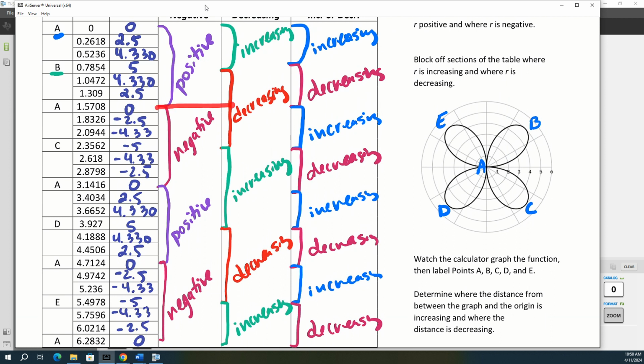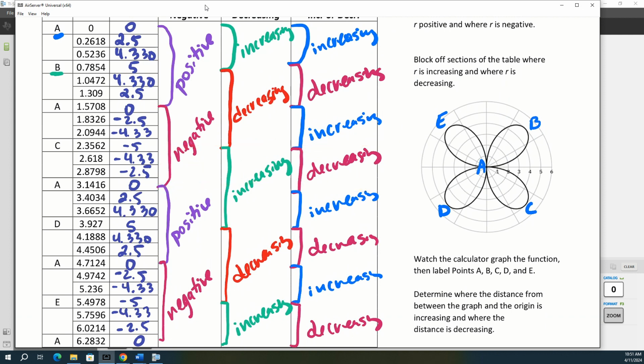My next section of increasing, the R is negative and decreasing. No coincidence. That happens again over and over and over. This first section of decreasing, R is positive and decreasing. This section of decreasing, R is negative and increasing.